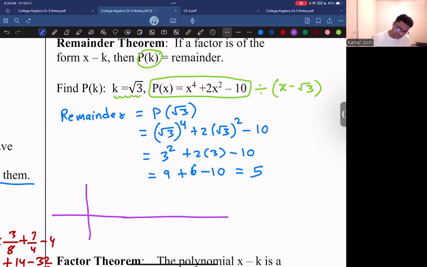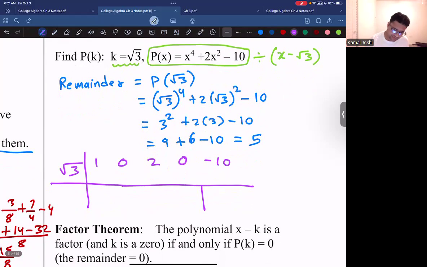Okay. You are dividing by x minus root 3. So root 3 goes here. The coefficients are 1, 0, 2, 0, minus 10. Make sure you understand those coefficients there. Okay, I discussed that in the previous video in detail.